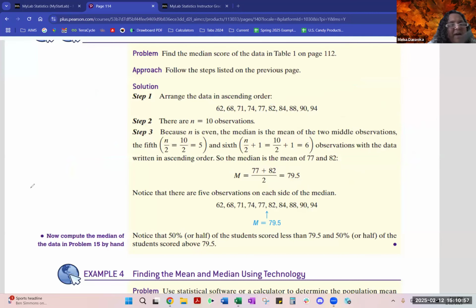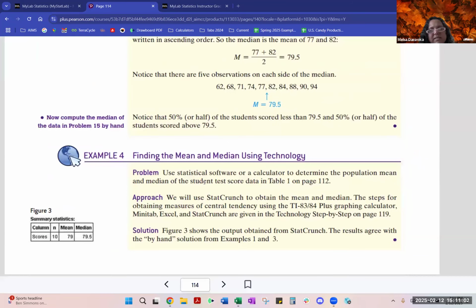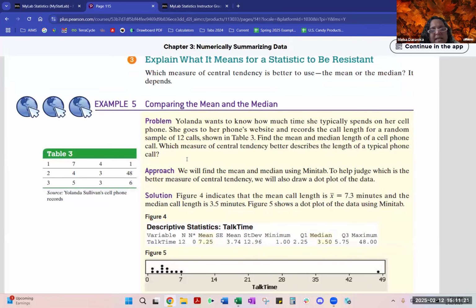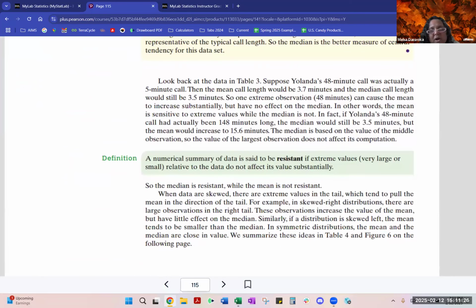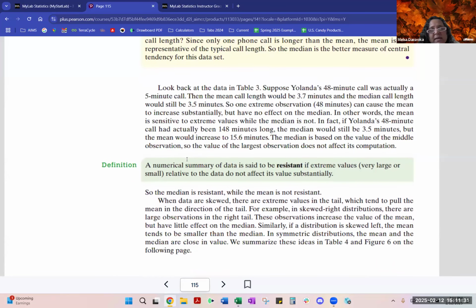So this is talking about finding the median over here. Now, in this example, you will see they are talking about finding mean and median using technology, using StatCrunch, TI-83, sorry, 84 Plus calculators, Minitab, Excel, and I'll let you guys look through the examples yourself, because when we do the example in class, I'll talk about how I can show you using Google Sheets or Excel to do that.